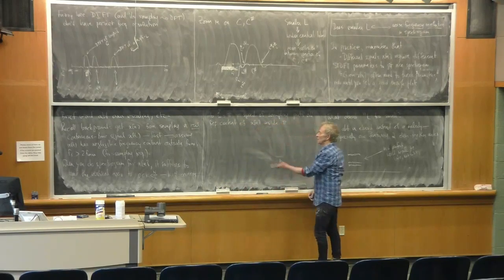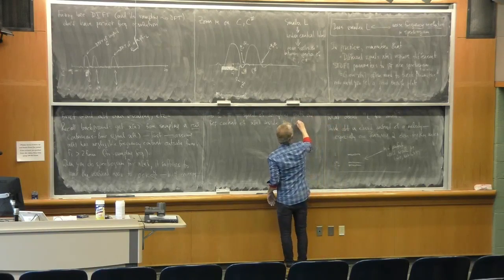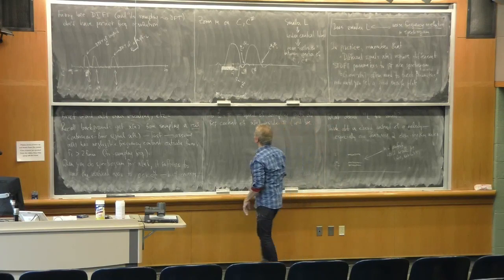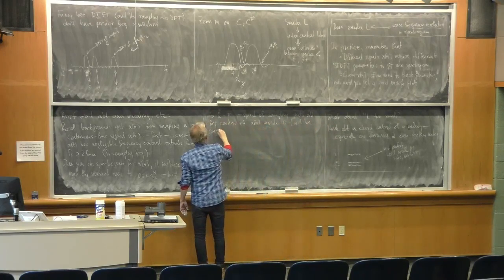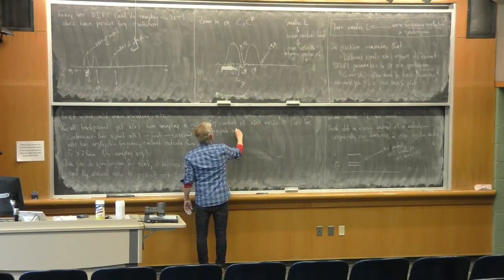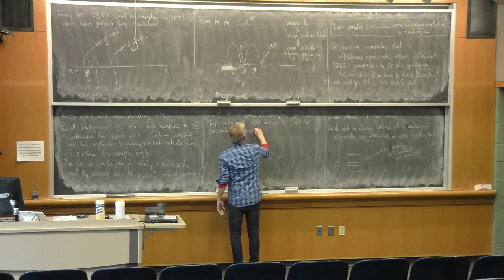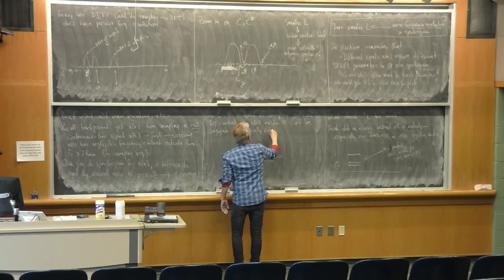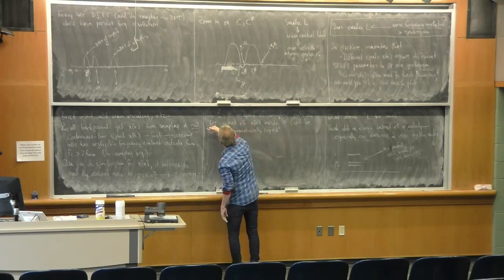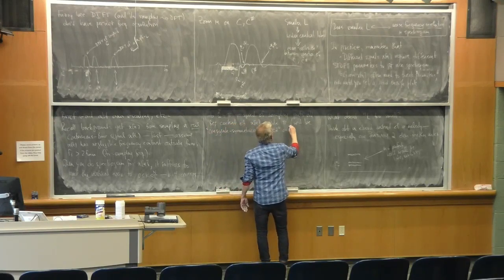And the frequency content that's out near 2 pi, by realness of x, is conjugate symmetric with that. So it will be conjugate symmetrically copied, so to speak, out near 2 pi.